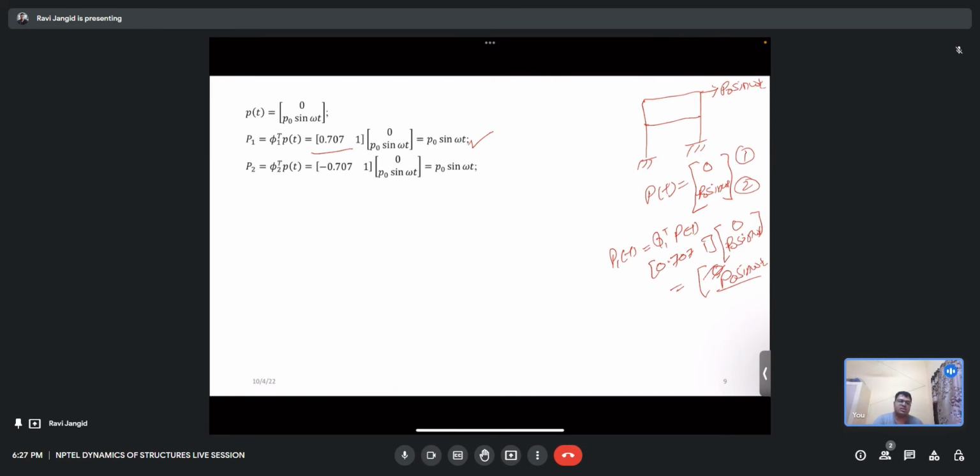So now I have the properties: m q double dot t, k q t is equal to p t.